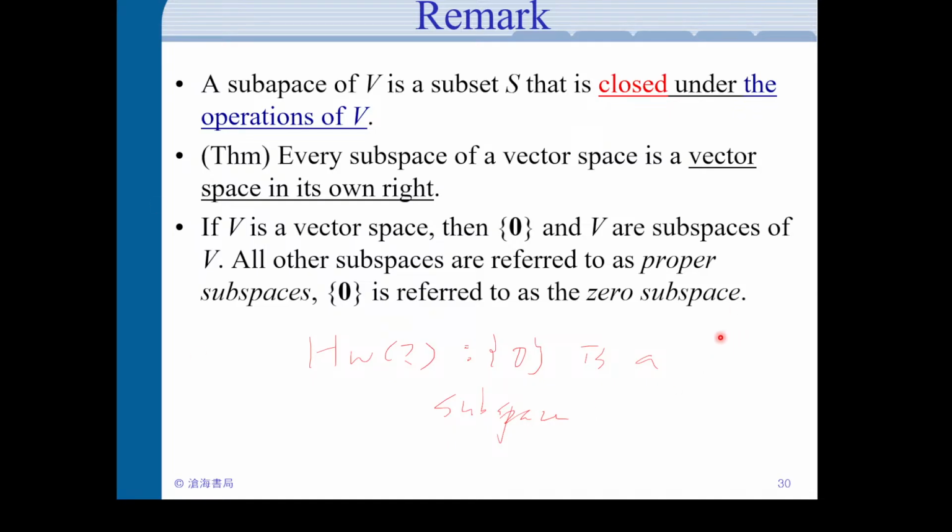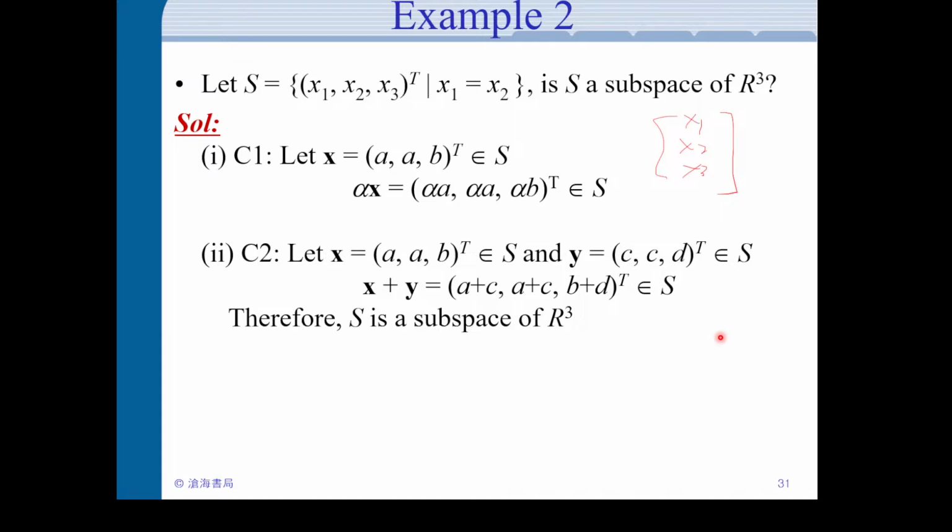Okay. And lastly, some examples of subspaces. We saw an example in R2, so let's see an example of a bigger space, R3. A vector in R3 has the form x1, x2, x3, and now we constrain it to x1 equal to x2.